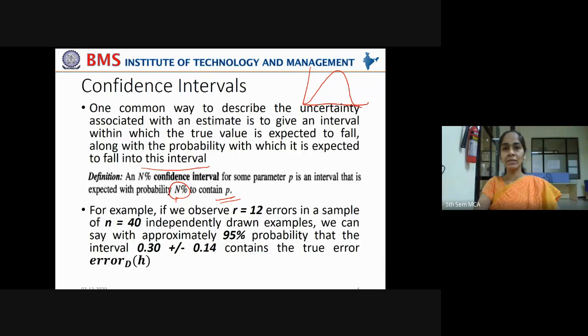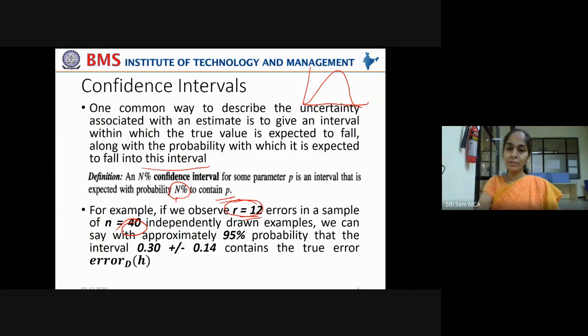Did you observe that? Okay, now for example, if we observe R equal to 12 errors, means out of some 40 sample points, 40 new data points that are given for prediction, 12 prediction errors are made and 28 of them are predicted correctly.